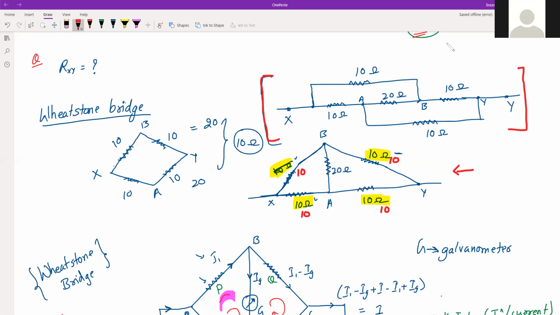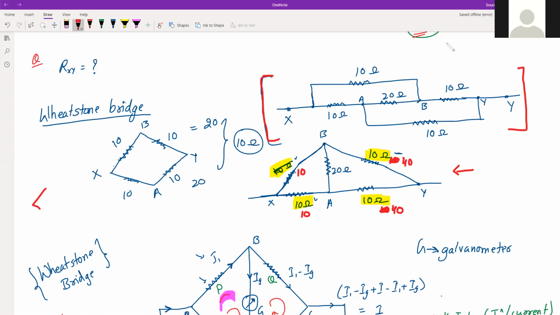Even if it is not 10, 10, 10, 10, say here it was 40 and 40, in that case it will still be a balanced Wheatstone bridge, because again the ratio 10 by 10 is equal to 40 by 40, or 10 by 40 is equal to 10 by 40, right?